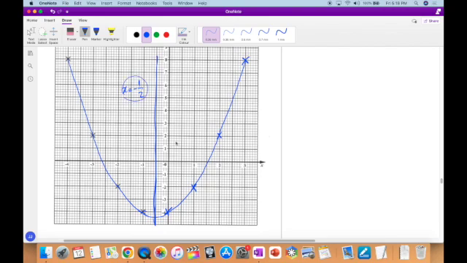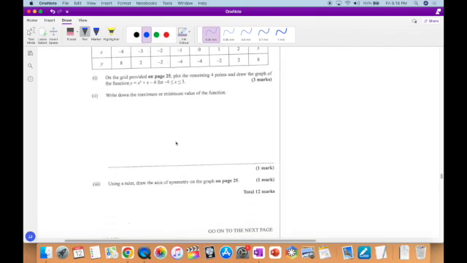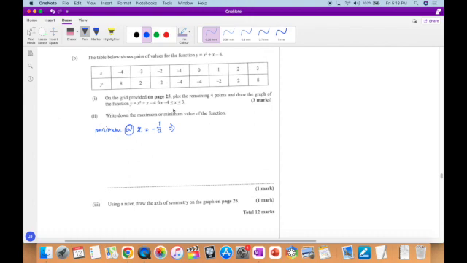So that means that the minimum point will be at x is negative a half, and we could use the equation itself: negative a half squared plus negative a half minus 4.